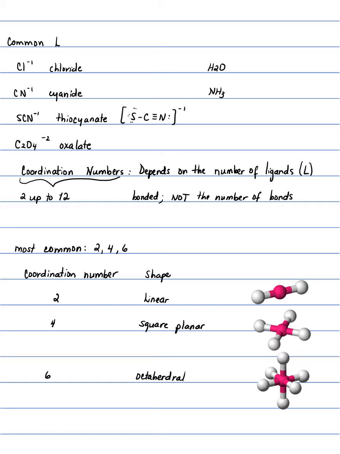So coordination number 2 will be a linear complex. We have 4, which is going to give a square planar configuration, and then 6, which is going to look like an octahedron. The generic example that I gave you in the very beginning with that M representing the metallic center and all 6 ligands bonded to that metallic center represents an octahedral coordination compound.